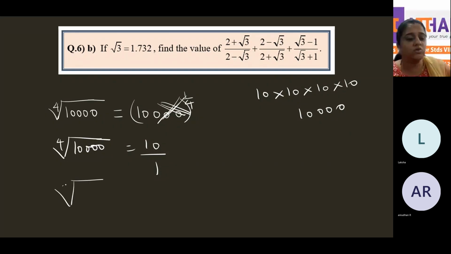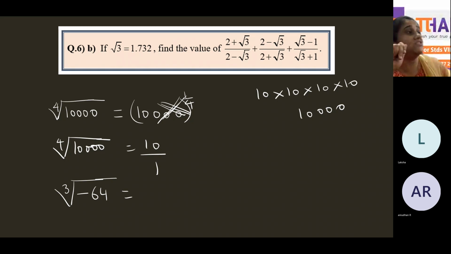What about the cube root of minus 64? What is the value of the cube root of minus 64? Minus 4, because minus 4 into minus 4 into minus 4 is minus 64.